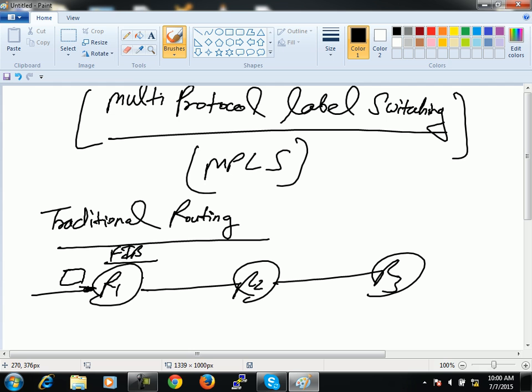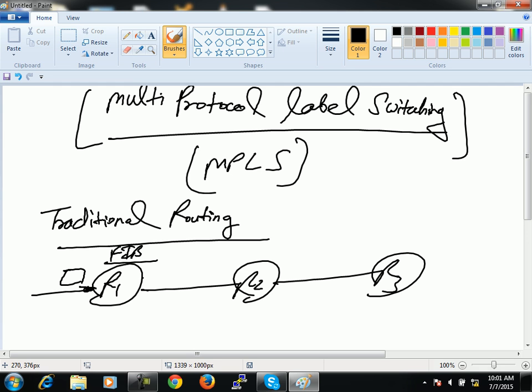So your routers must have all prefix information in their routing table, and all routers have to open the IP header, which is a 20 bytes long header. As you know, the default length of the IP header is 20 bytes.